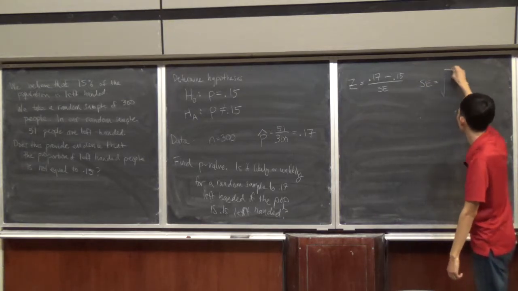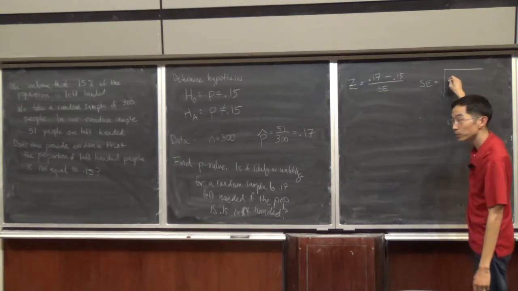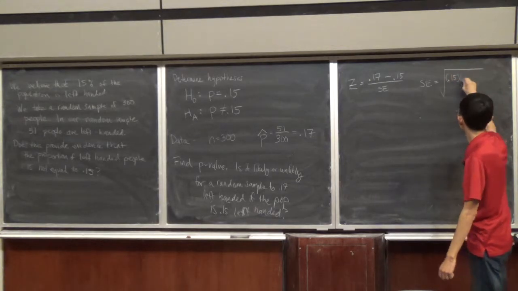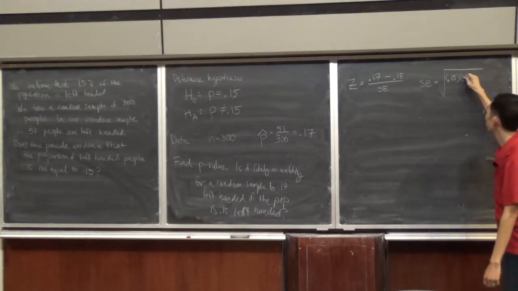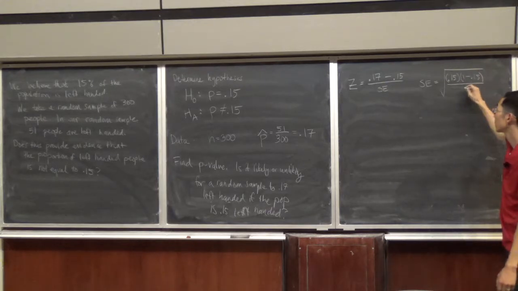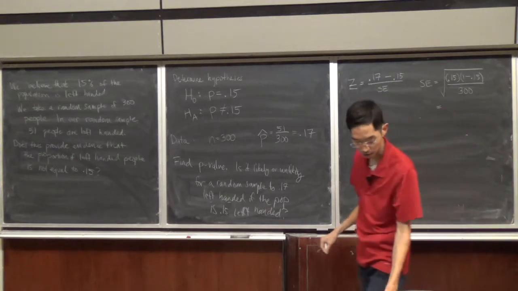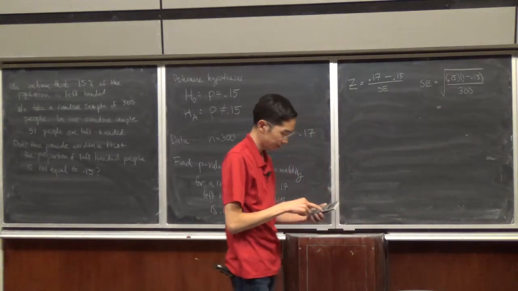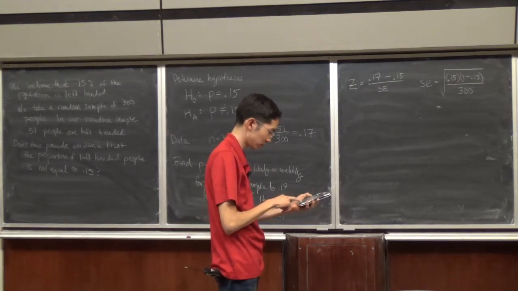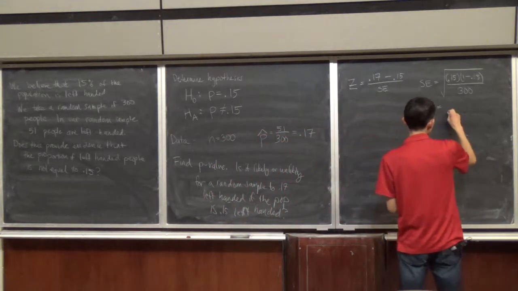Okay, so my standard error is going to be, use what? 0.15 or 0.17 here? 0.15 times 1 minus 0.15, divided by 300. Good. So my standard error would do this calculation. I get a standard error of 0.0206.